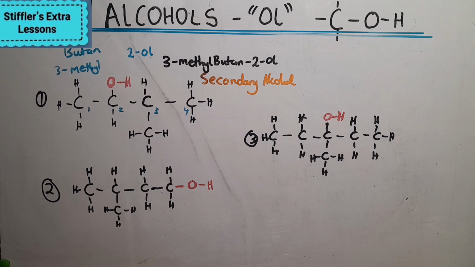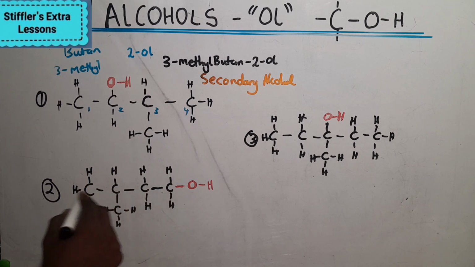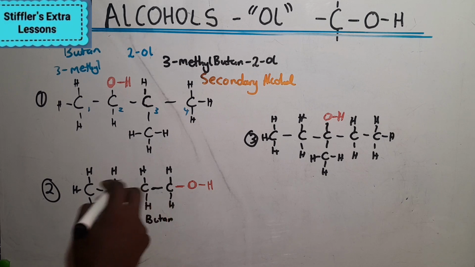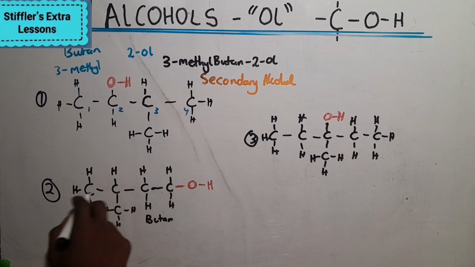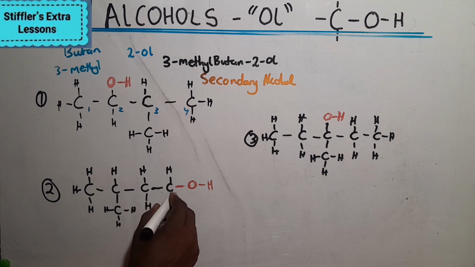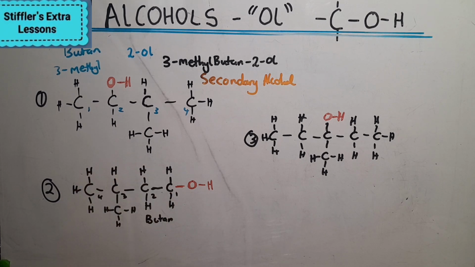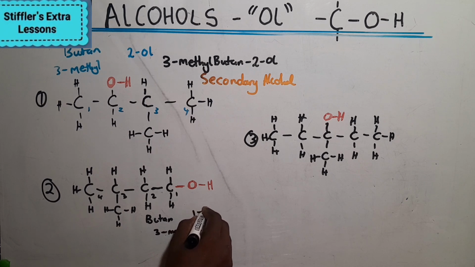So on this number 2, to name this, we first identify the longest chain, which is the butane, right? And then we number the carbon atoms from the side closest to the hydroxyl. So we're numbering 1, 2, 3, and 4. On carbon number 3, we have a methyl group, and on carbon number 1, we have the ol, right?